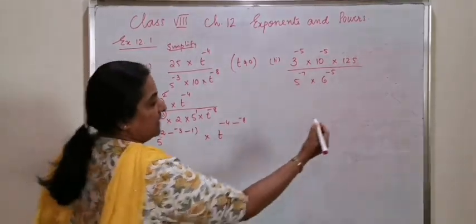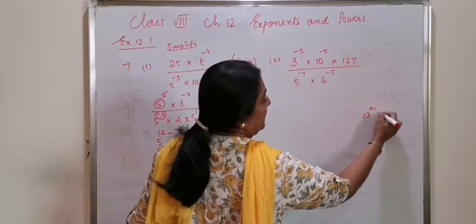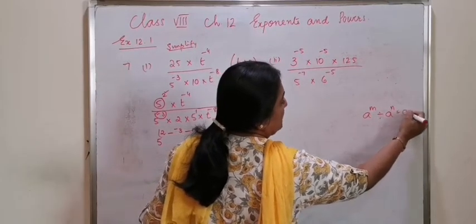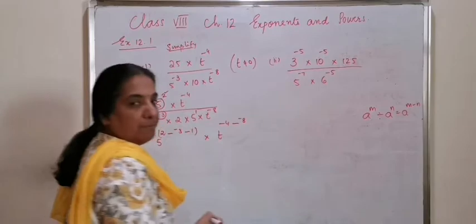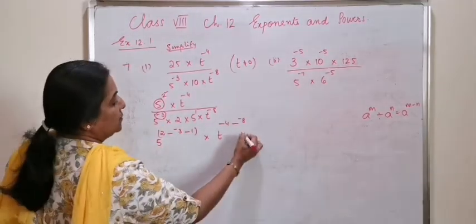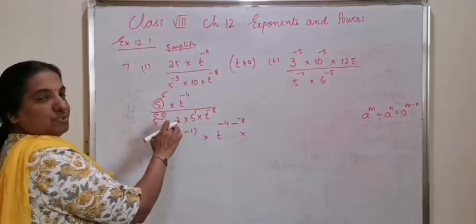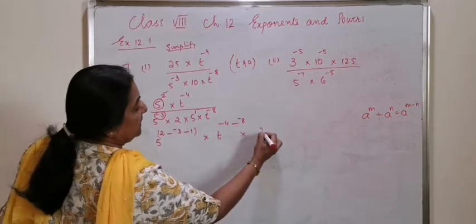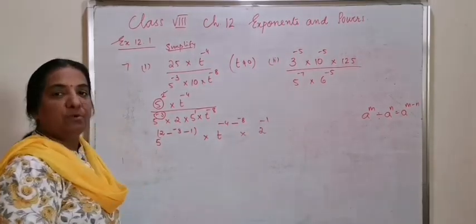The law we are applying is a raised to m divided by a raised to n is equal to a raised to m minus n, then into 1 by 2, or 2 is in the denominator, so you can take it as 2 to the power of negative 1.